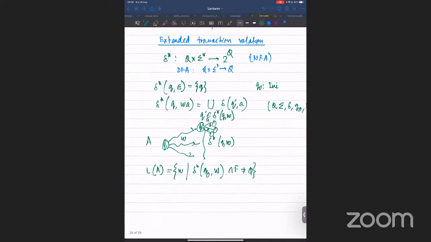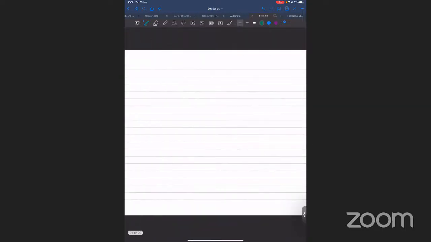Okay, now suppose I give you this small exercise. Consider an NFA over the alphabet 0, 1, that accepts a language.